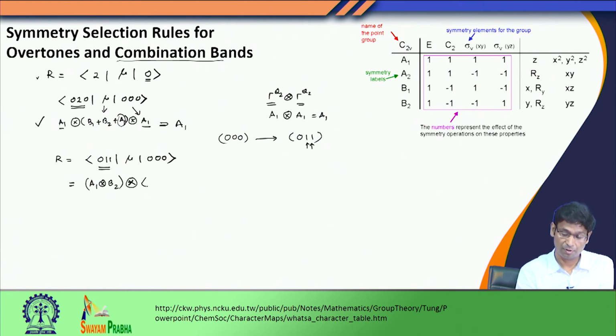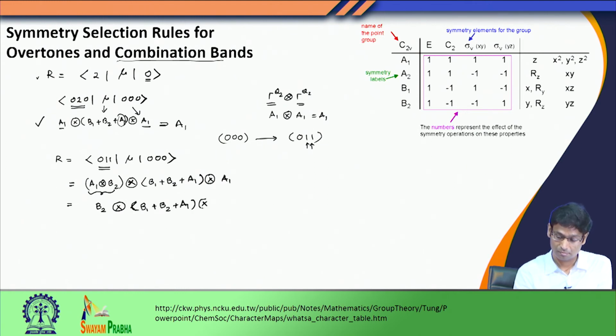Direct product of the operator, which is B1 plus B2 plus A1, with the ground state A1. Now, A1 into B2, when you do this calculation, you would get B2. So, you see that B2 into B2 would give me A1 and A1 into A1 would give me A1.